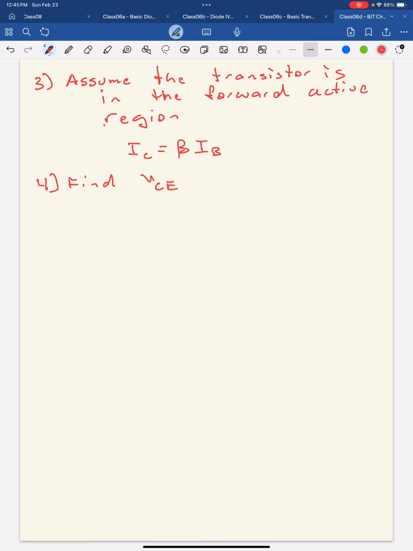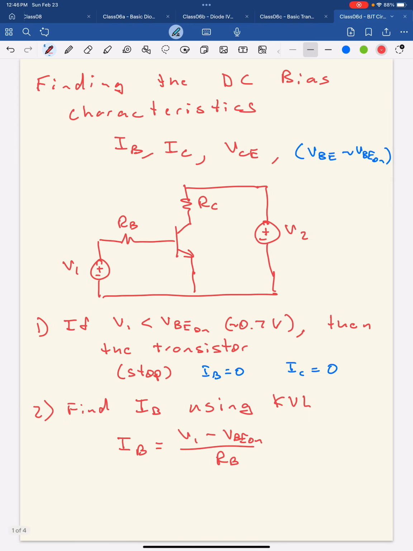And so I'm going to flip back to the previous page and look at our KVL. So we can do KVL around this loop, and we can put little plus, minus, remembering that this is VCE. I suppose we can label that, that's VBE. We have our base current, IB, and then here is our collector current, IC. With that in mind, we can recognize KVL gives us a relationship between the voltage source V2, the voltage across RC, and VCE.